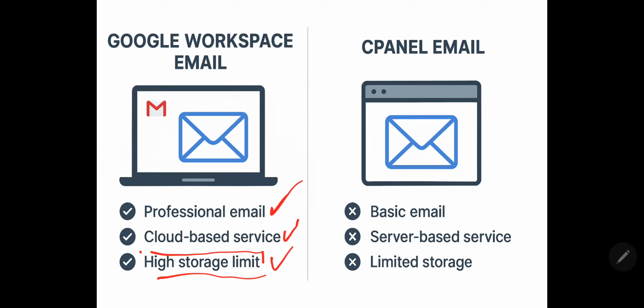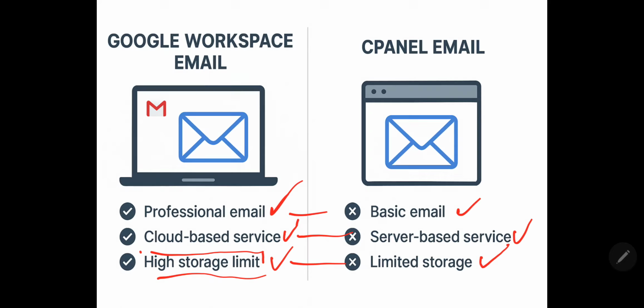You can see here for cPanel email: basic email, server-based service, and limited storage. You can see here the comparison between Google Workspace and cPanel email. Okay, go to basic email. cPanel email usually uses Roundcube or Horde, which are very simple.